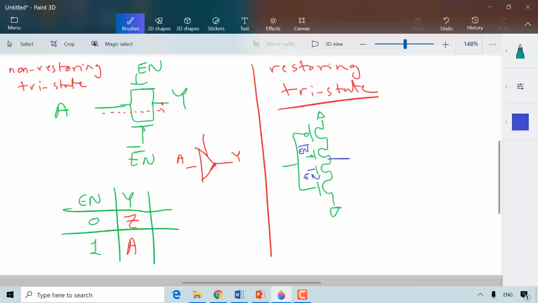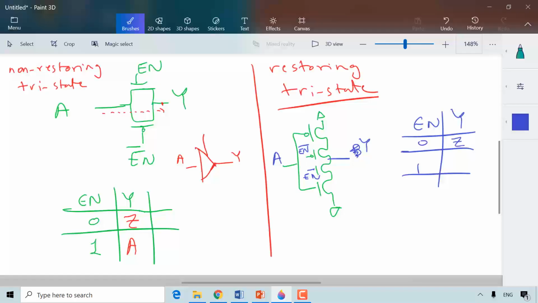How does the circuit work? This is A, this is B. Here is the enable, here is the output. The enable is either 0 or 1. If the enable is 0, it will disconnect the output, which should be Y here, from power and ground, and it becomes high impedance.